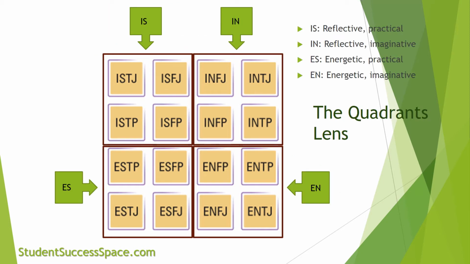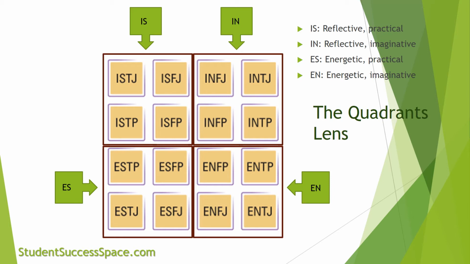The quadrant lenses are found on the corners of the table in each quadrant, right? So you have the IS, the introverted sensor, IN, the introverted intuition, ES, the extroverted sensor, and EN, the extroverted intuition.